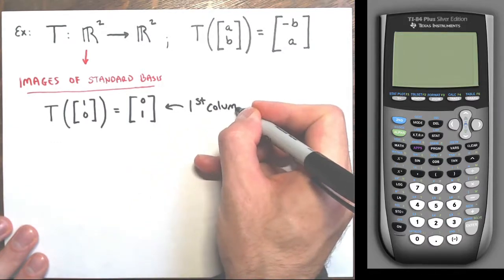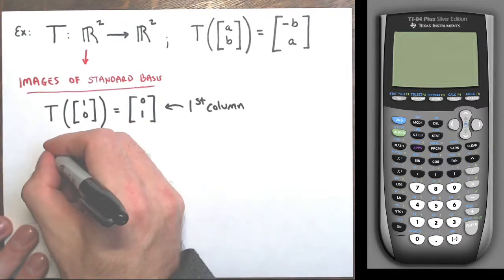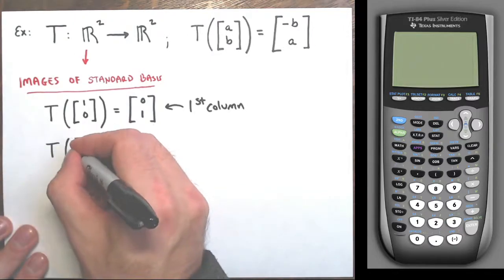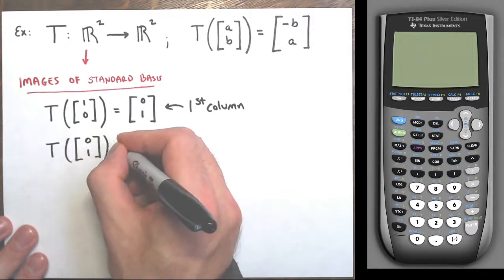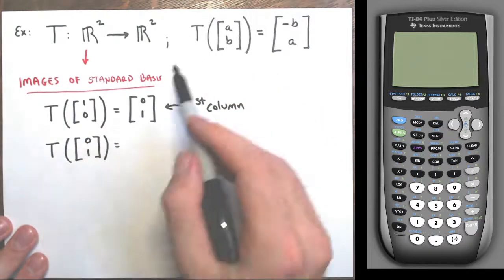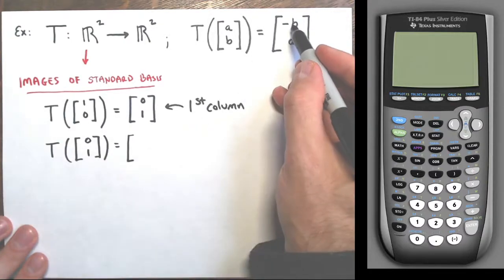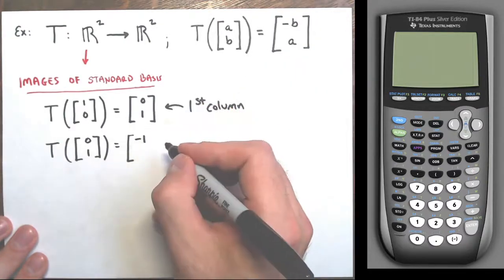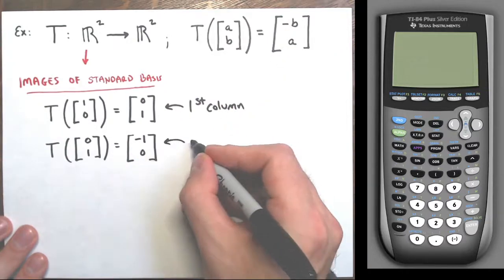And then the second standard basis vector for R2 is (0, 1). So I'm replacing A with 0 and B with 1. You see how if I replace B with 1, the output would have negative 1 up top and then 0 on the bottom. And here's the second column.